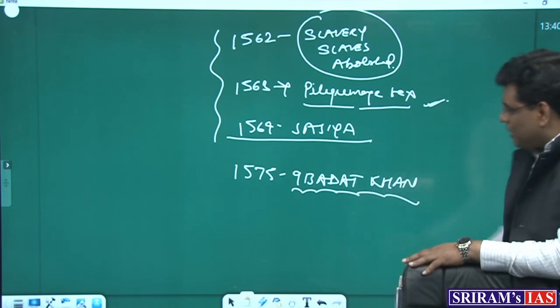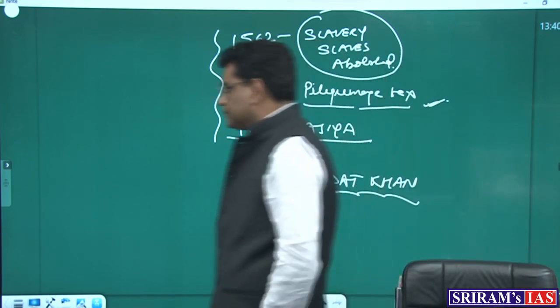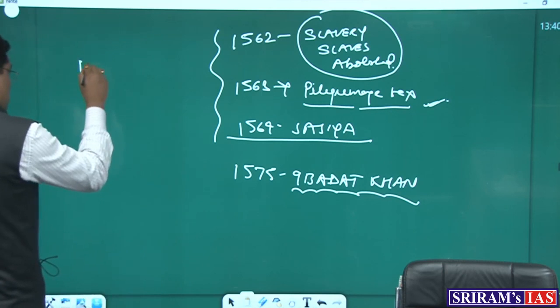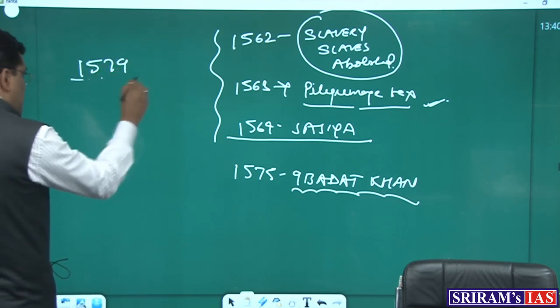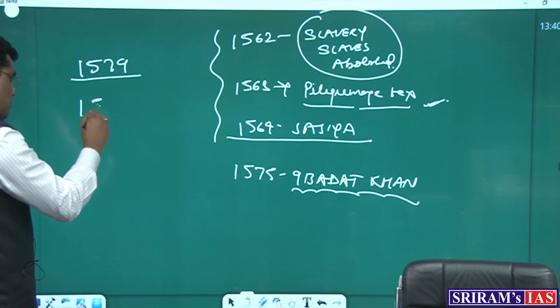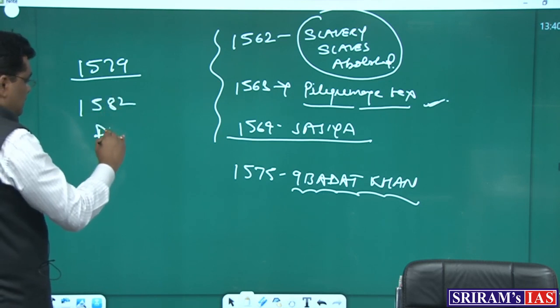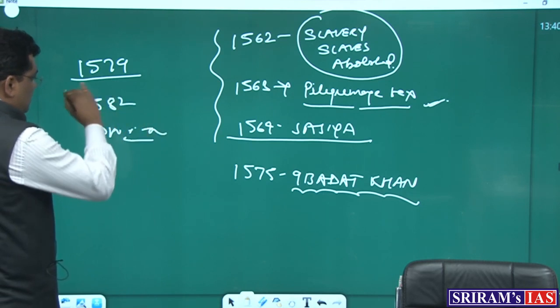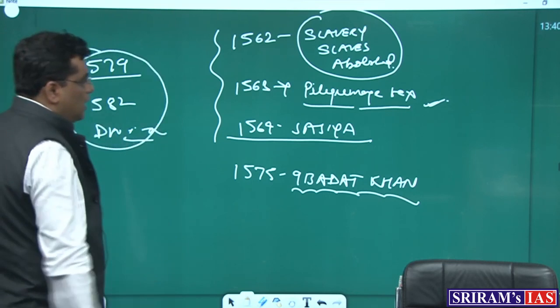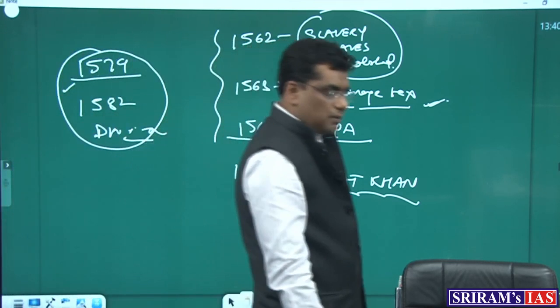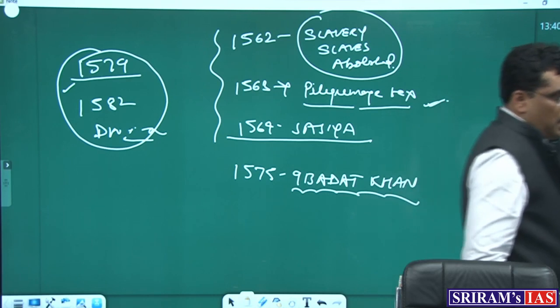Then 1579 Mazharnama. 1579 there was Mazharnama. 1582 there was Deen-e-Ilahi. All these pictures present a very liberal and secular atmosphere of Akbar's view and understanding.